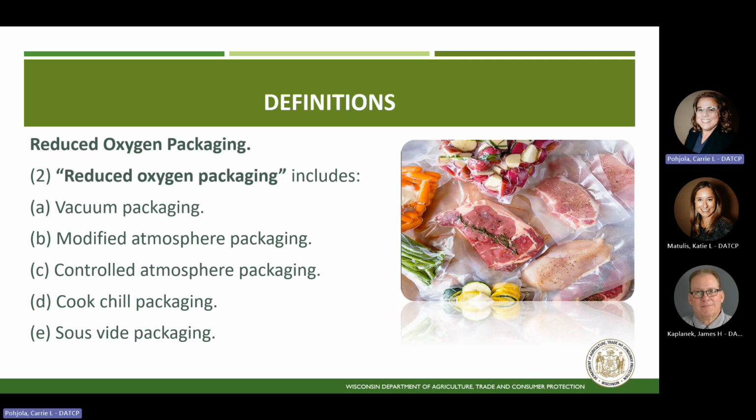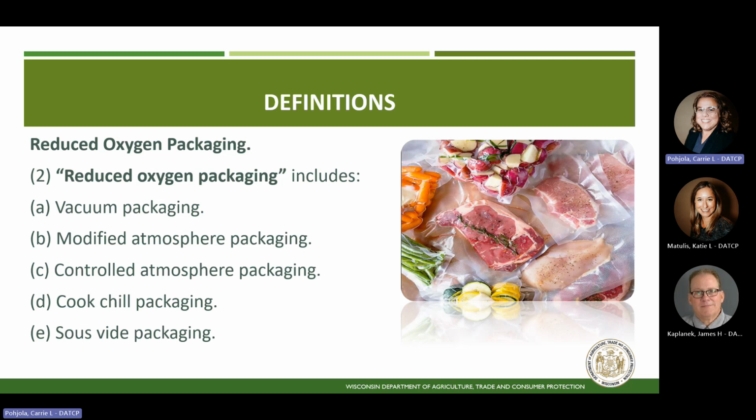Chill packaging is another form of reduced oxygen packaging, and this is when a cooked food is hot filled into impermeable bags which have the air expelled and then are sealed or crimped closed. The bag is rapidly chilled and refrigerated at temperatures that inhibit the growth of psychrotrophic pathogens.